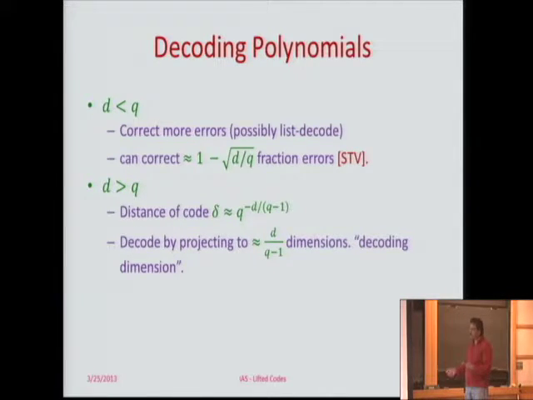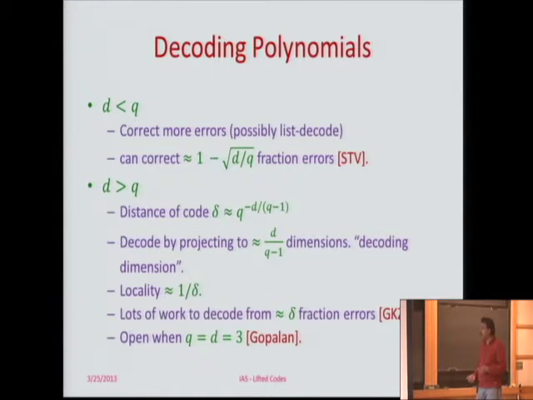Now you can ask how many errors you can correct, and the locality. If you project to this many dimensions, then the number of points you would be looking at would be q to the power of the dimension, so that is roughly 1 over delta. So the locality is roughly 1 over delta.